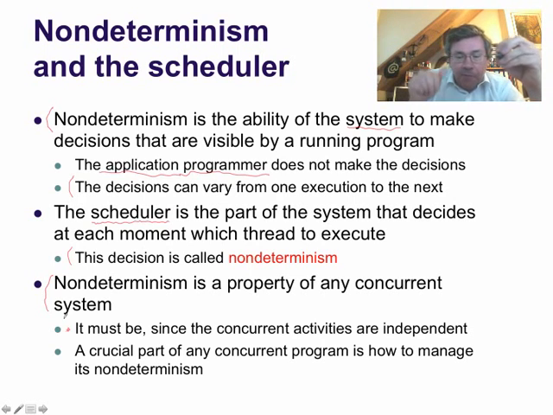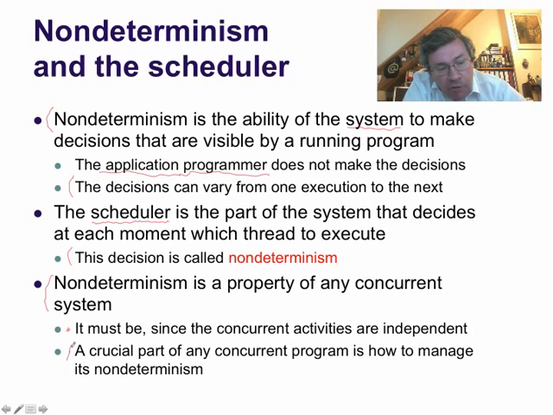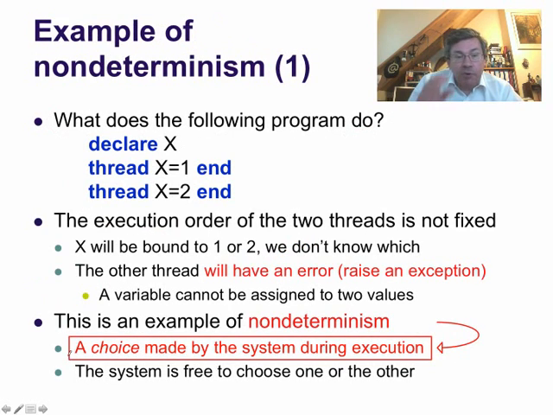So it's non-deterministic. Okay? Non-determinism is a property that is very important because it can give huge problems if it's not carefully managed. So a crucial part of any concurrent programming is you have to manage the non-determinism.